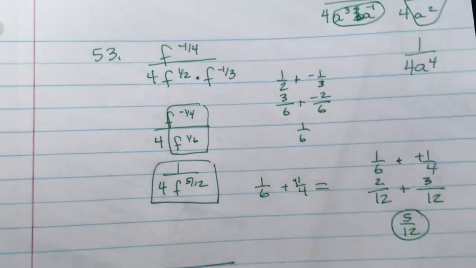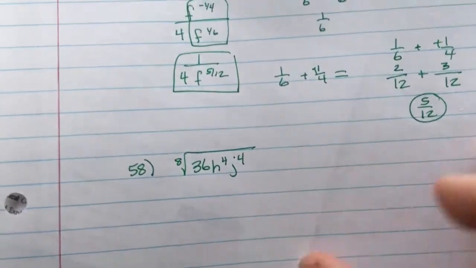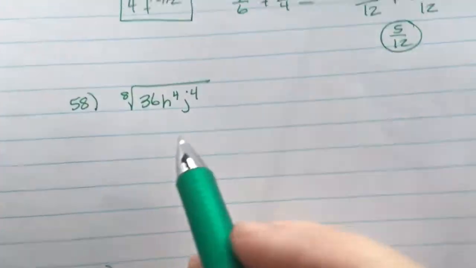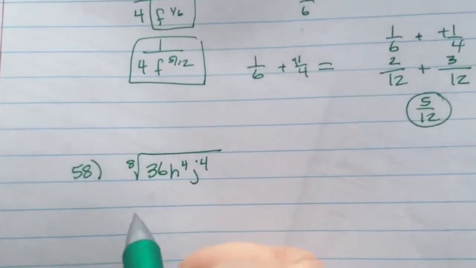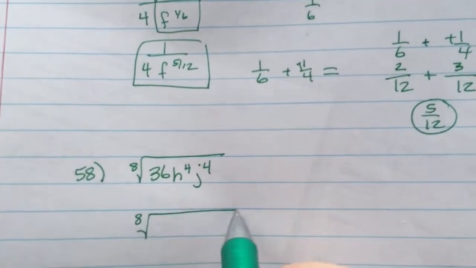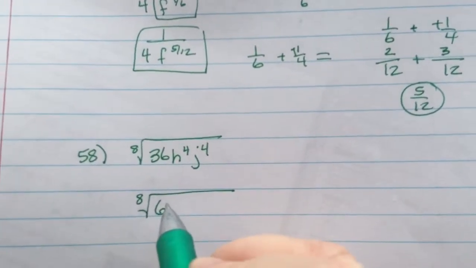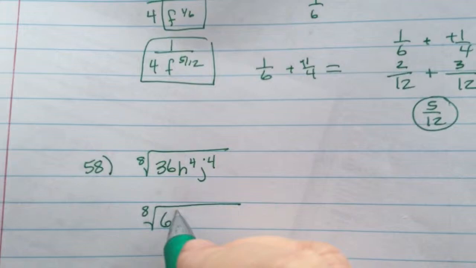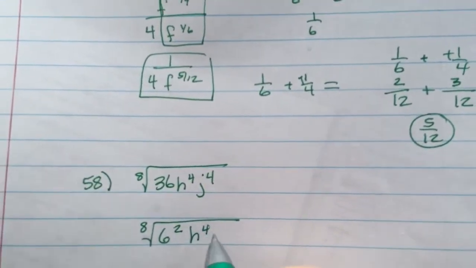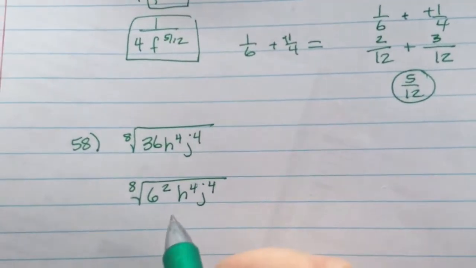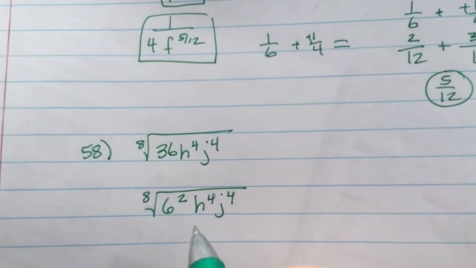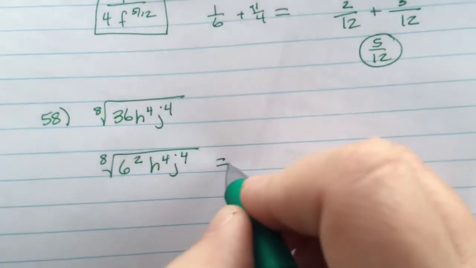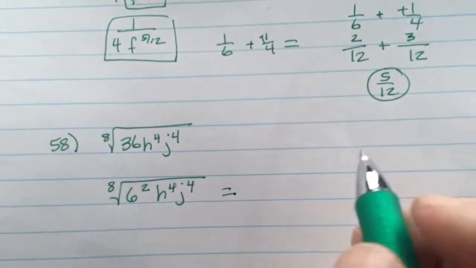Next problem, 58. These numbers get people every time. It turns out that 36 is 6 squared. So the first thing I'm going to do is rewrite it as 6 squared. Then I'm going to convert it to a rational exponent and do something.